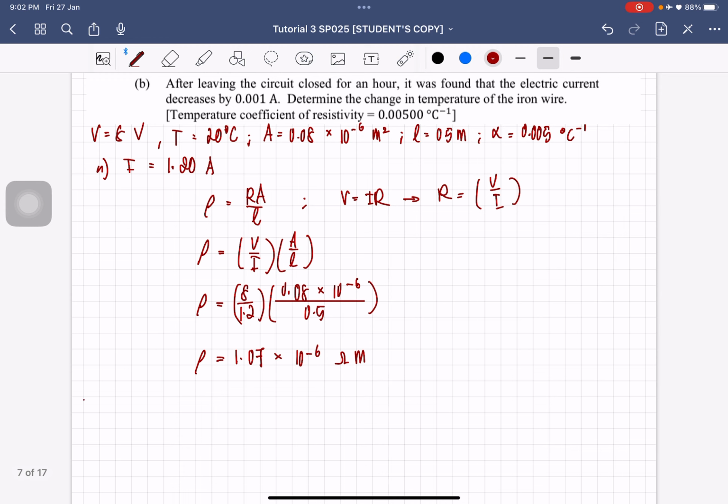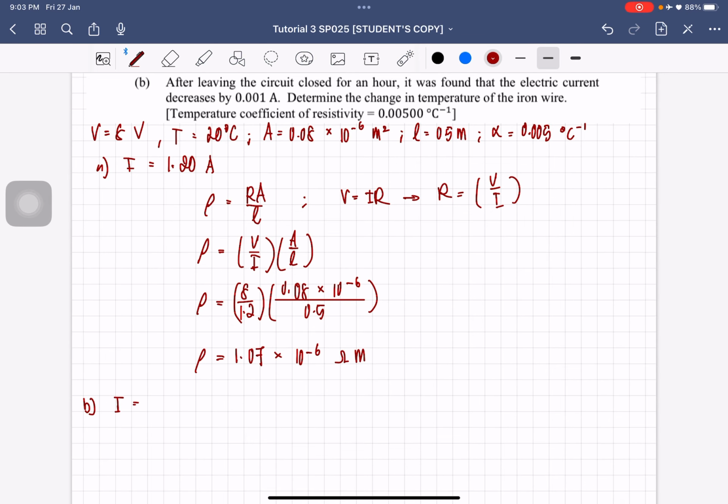Question B, it says after leaving the circuit closed for an hour, it was found that the electric current decreases by 0.01 ampere. So the final current decreases by 0.01 ampere, and the current is reduced to 1.199 ampere.